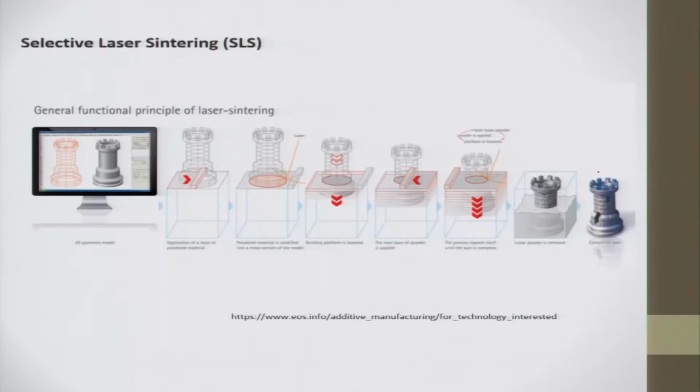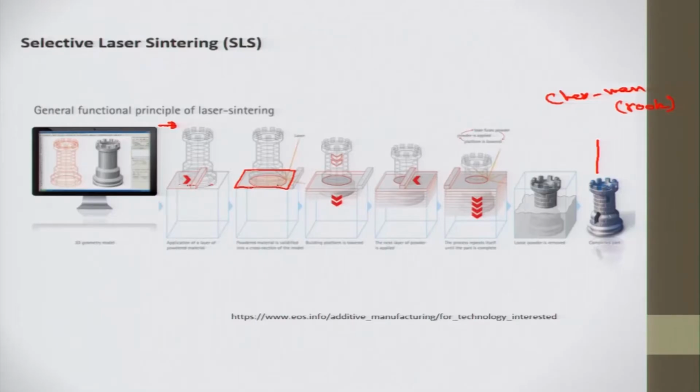So let us see a product here. This is actually a chessman, that is a rook, which is being manufactured using the selective laser sintering method. The CAD model provides the data. The STL file is then converted into 2D slices. First, this roller is dispersing the powder over the whole area here.